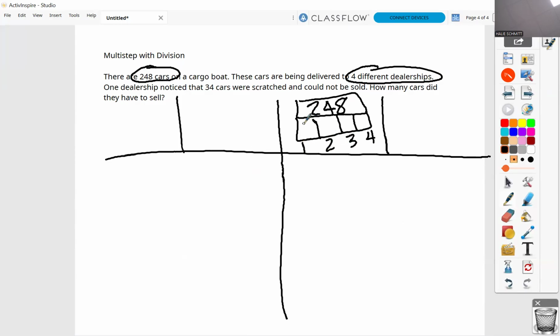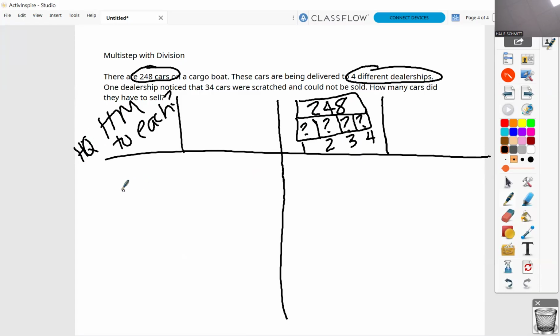And I want to know how many go to each dealership, because that's something I don't know. It didn't ask me for that. So that's called my hidden question, HQ, hidden question.